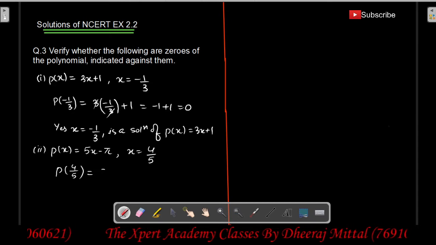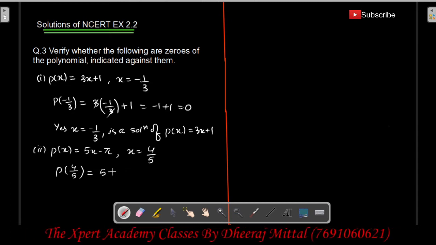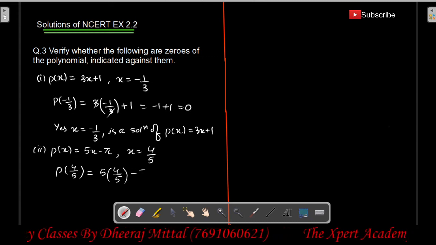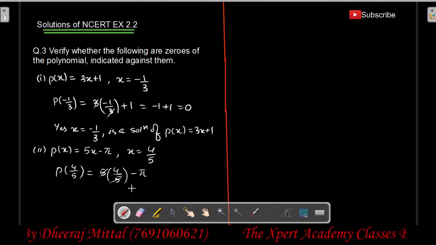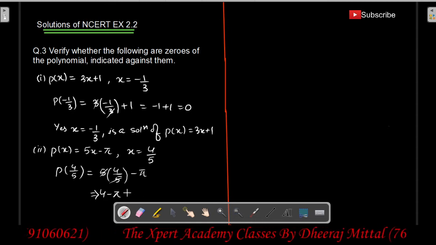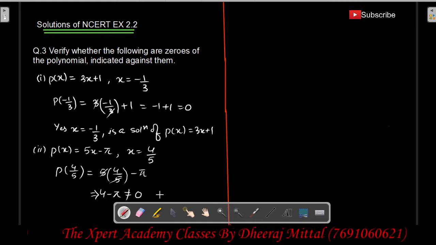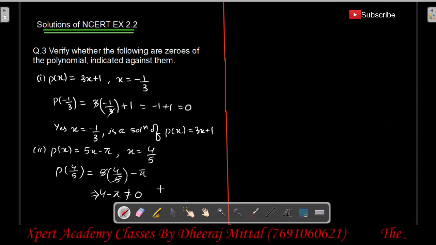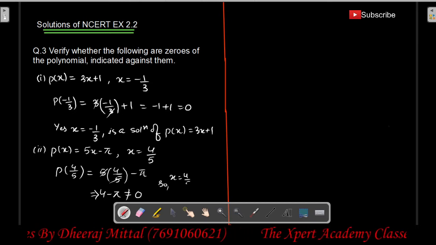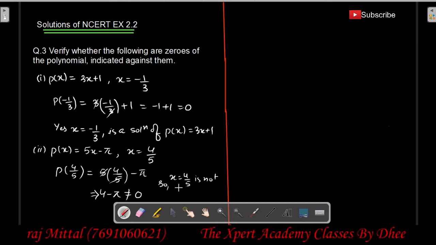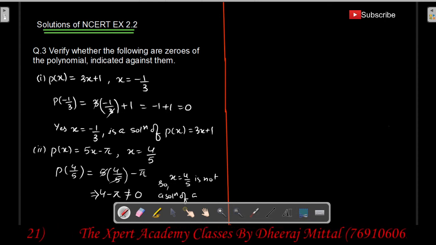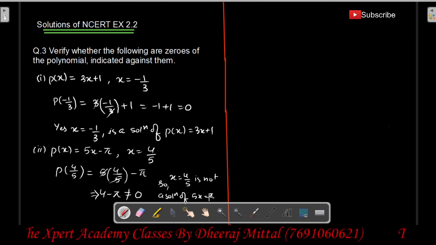So it will be 5 into 4 divided by 5 minus pi. 5 is cancelled out by 5. It will be 4 minus pi. That is not equal to 0. जो 0 के इक्वल नहीं है. So x is equal to 4 divided by 5 is not a solution of 5x minus pi.